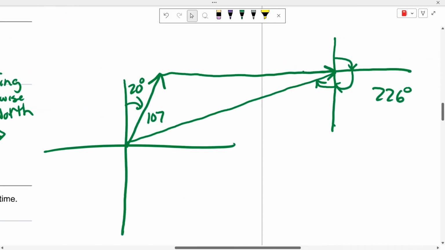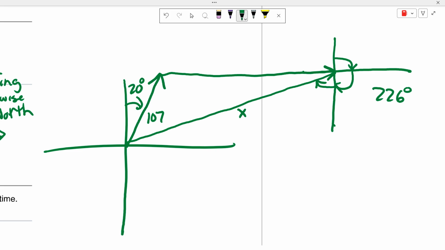So this is all we know. We want to know what this side right here is. How can we figure out how long this side of the triangle is? Well, we want to have the angle opposite of it. But we don't have the angle opposite of it yet, do we? We'd like to know this angle, because if we know this angle and this angle, then we can find this angle. Could we find this angle?